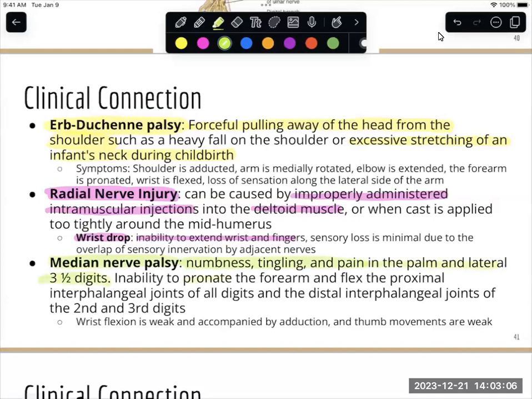You cannot pronate, put your hand face down. You have weak wrist flexion because that median nerve goes to a lot of those wrist flexors. Your thumb movement is also weak because that median nerve goes to your thumb.